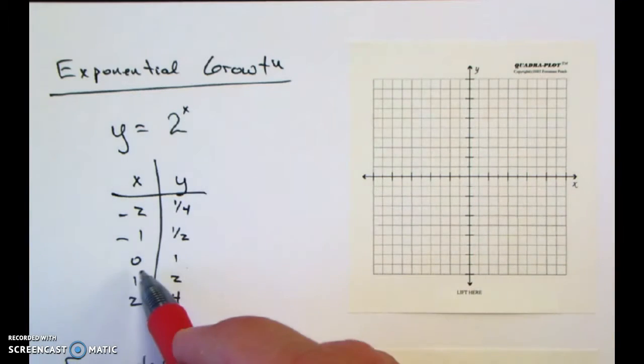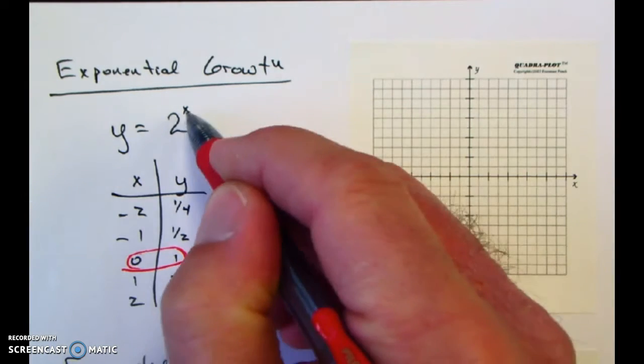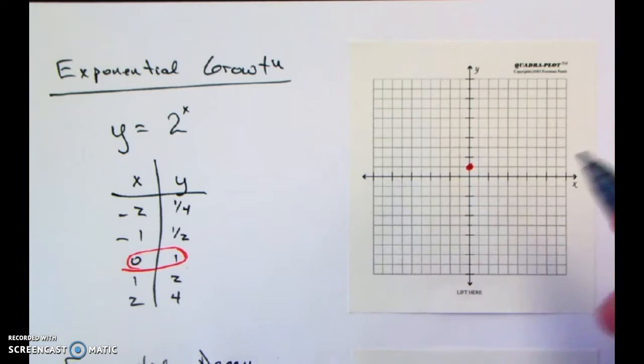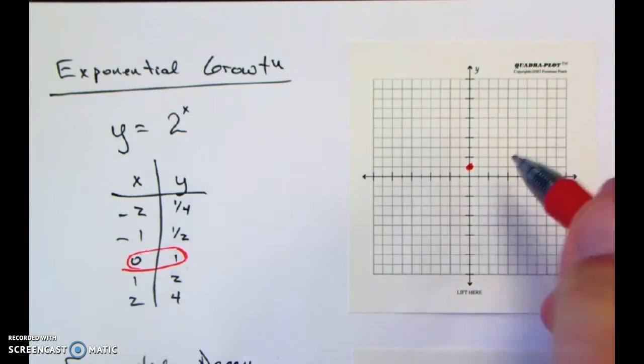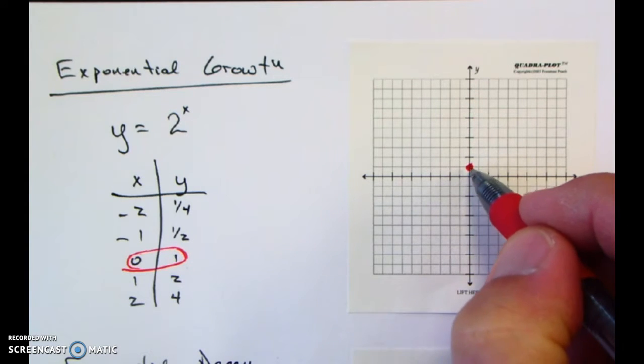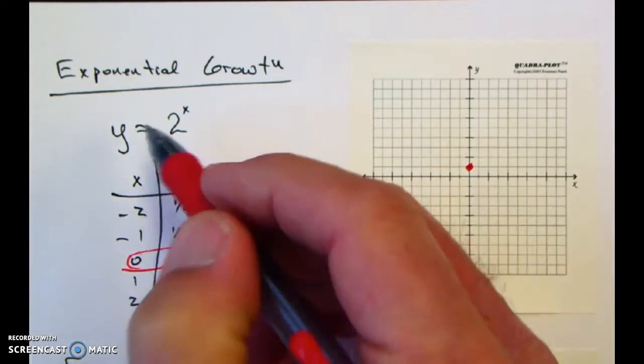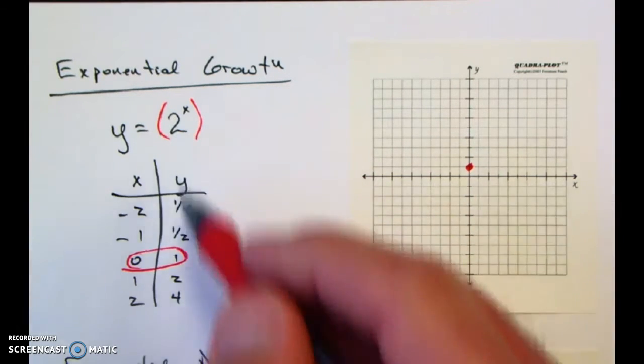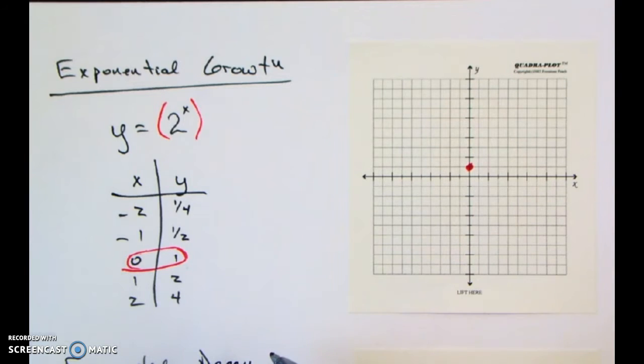Remember, anything to the 0 power is always equal to 1. So all exponential graphs, whether growth or decay, will go through the point (0, 1) unless we are multiplying by some other number.